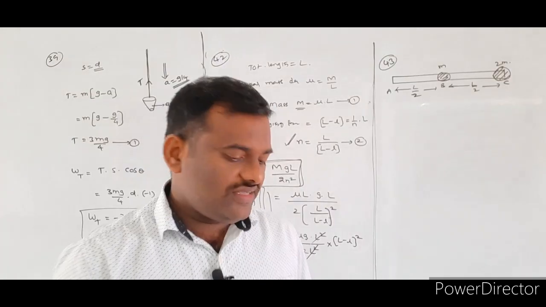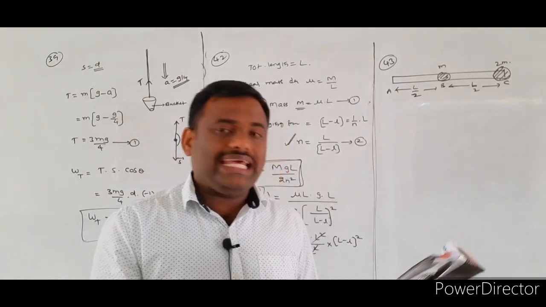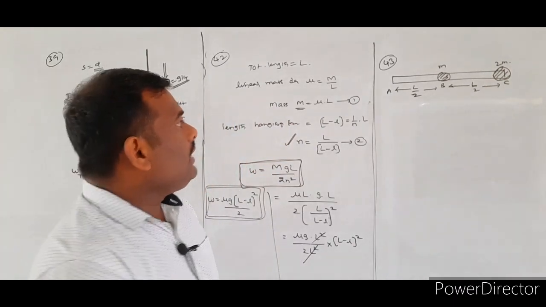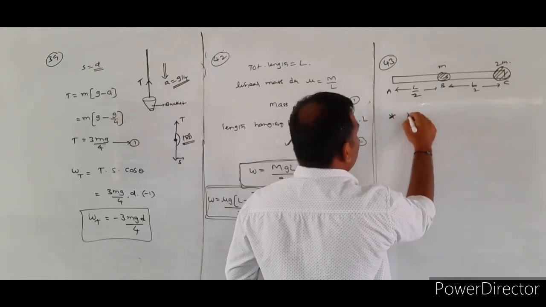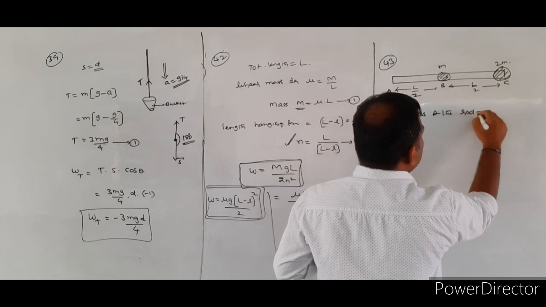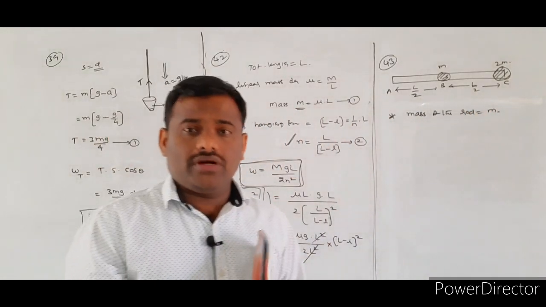Next one. See here, in problem number 43, a long rod ABC of mass m is considered. First we will write the mass of the rod is equal to small m. So that is a uniform rod.